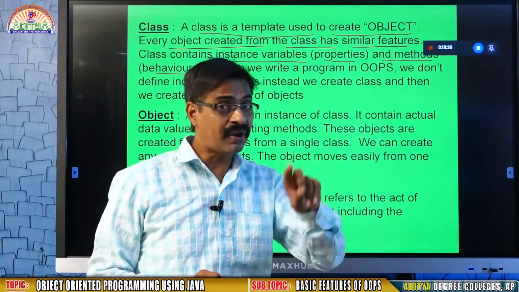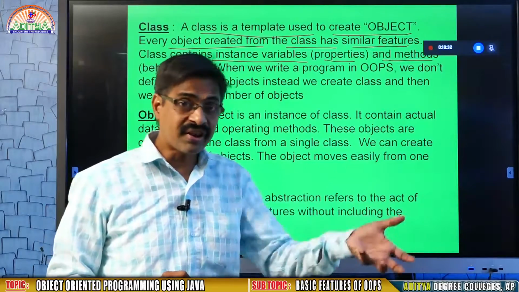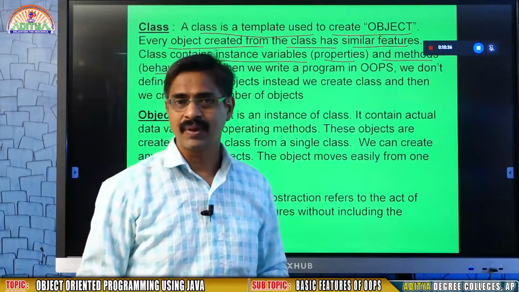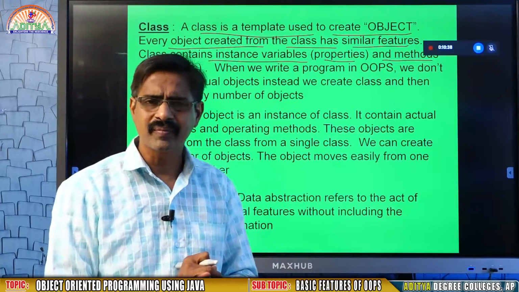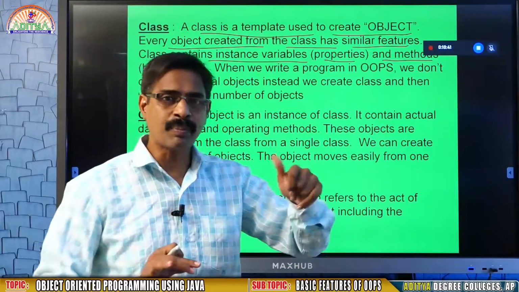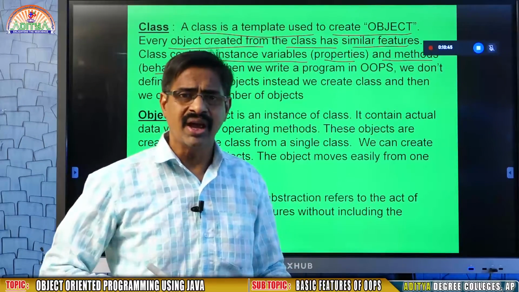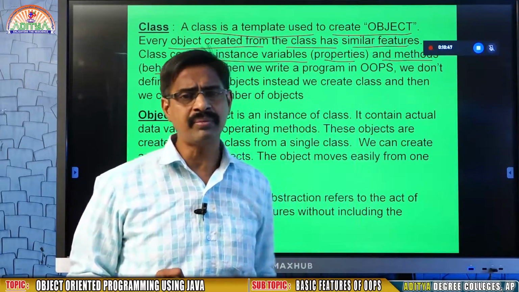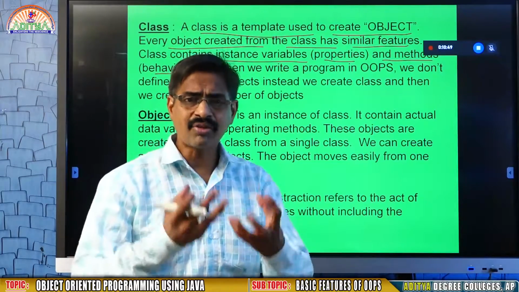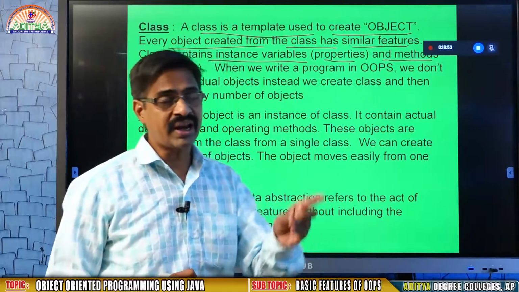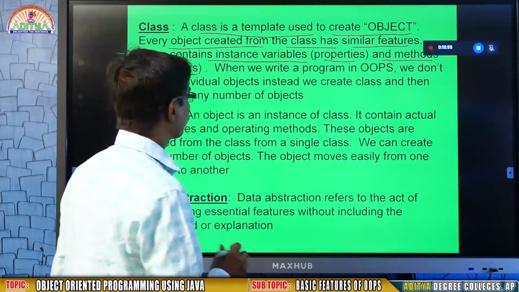That means in the previous example the addition formula is going to change, here the temperature formula is going to change, but the methods may be the same. According to the problem, the instance variables and methods are going to change. In some situations more instance variables will come, in some less methods will come, but from a class we can create any number of objects.